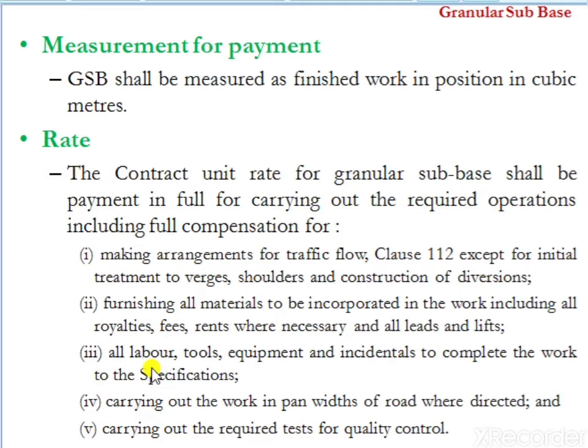So the contractor will also spend money for testing of the materials. He has to pay consultancy charges for the tests. So the billing also involves the amount spent for the testing of materials by the contractor. By considering all this, the final bill will be sanctioned to the contractor.